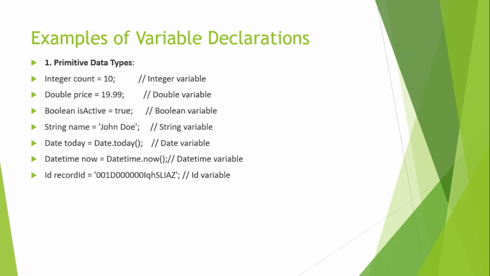Examples of variable declaration: primitive data types. Integer count holding 10 value. Double price is holding 19.99 value. Boolean isActive holding true value. String name is holding John Doe.